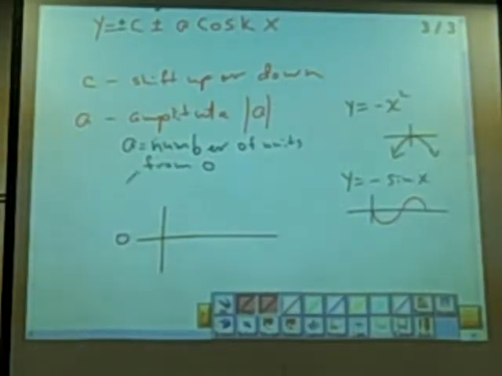And so if there's no A there, like if we had just y equals sine x, then A is automatically 1. And so that would put us at 1 and negative 1. Well here, this is also 1 for A, but you don't look at the sign, because all the sign does is reflect the curve.